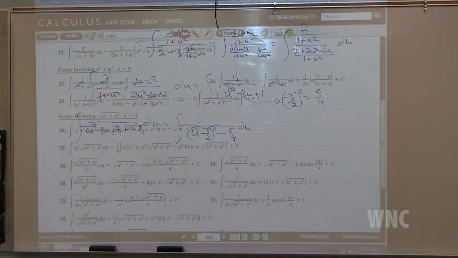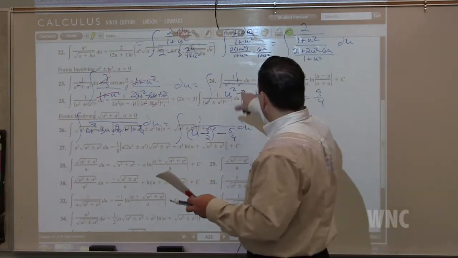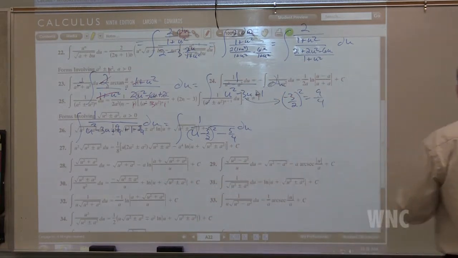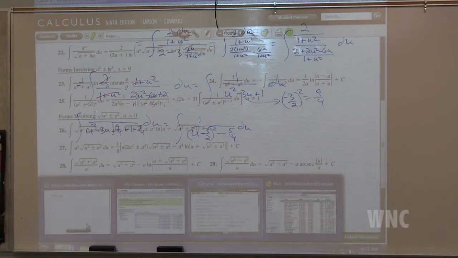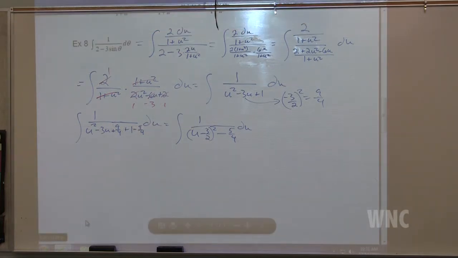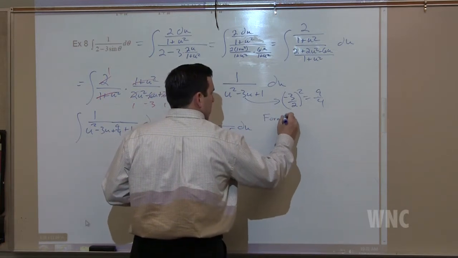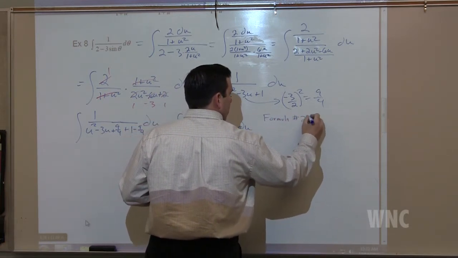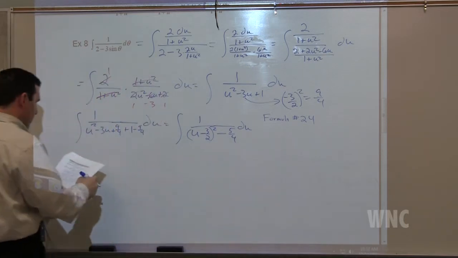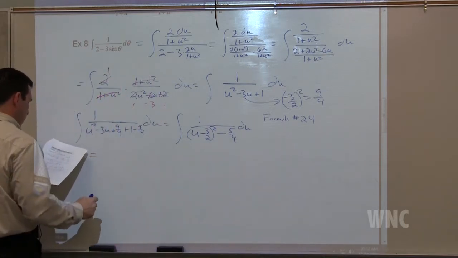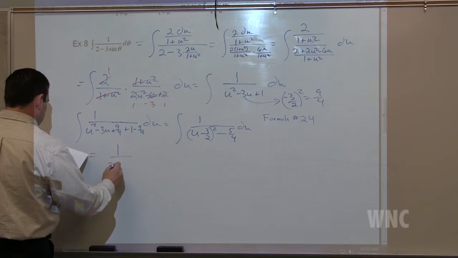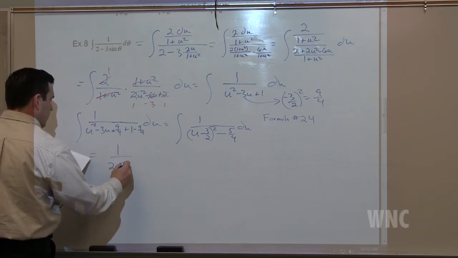Number 24, I have 1 over u squared minus a squared. Probably hard to see behind all this, but look at number 24 in your book. What we'll have is 1 over 2 times the square root of 5 over 2.